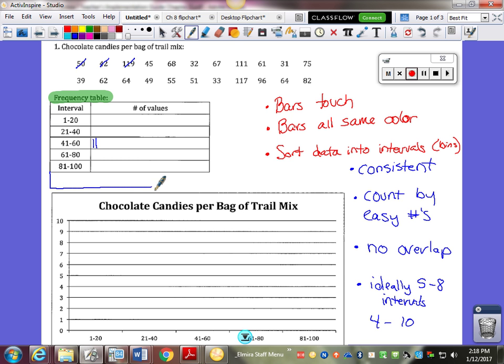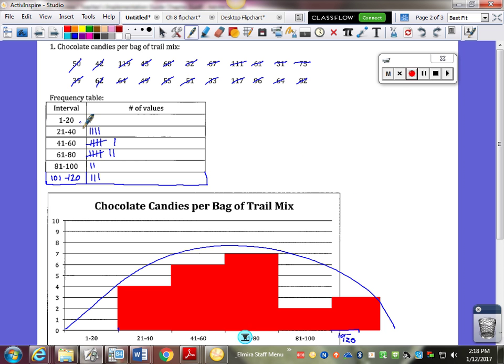It was not me, but they don't have all the values on here. We need another bin, 101 to 120. 45, 68, and so on and so on, till it looks like this.